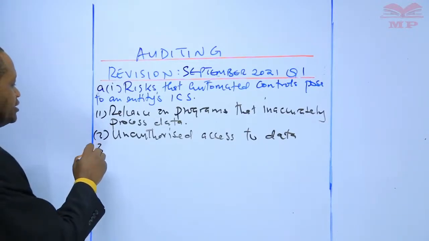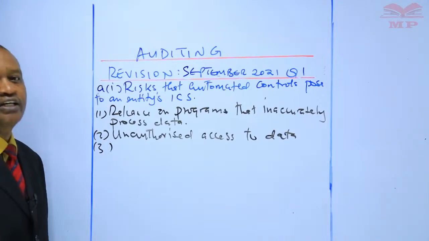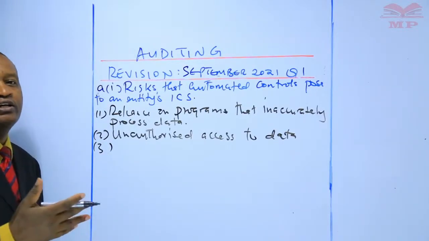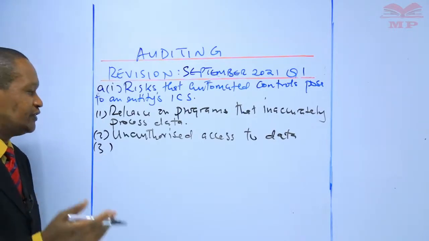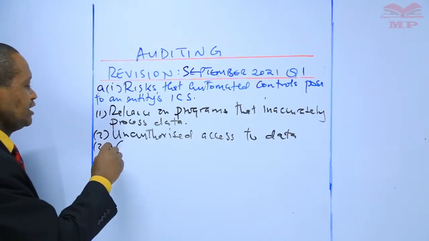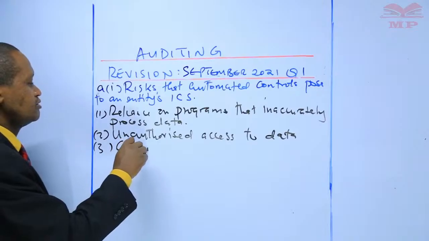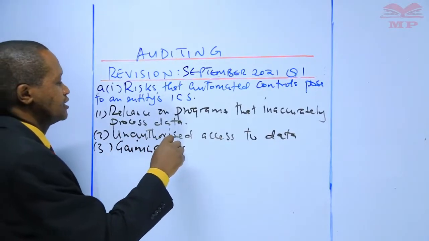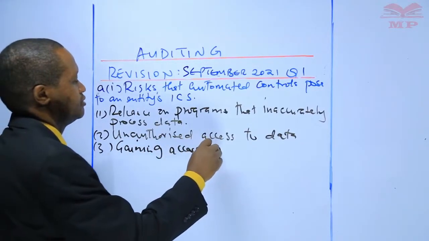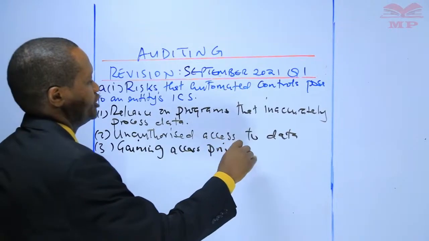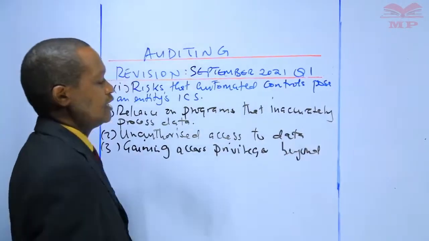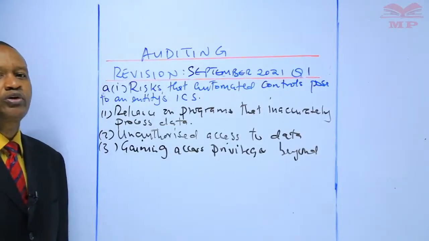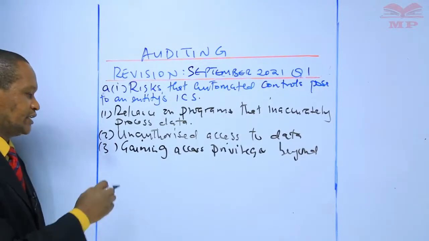The third risk is that there could be possibility of IT personnel gaining access privileges beyond those necessary.